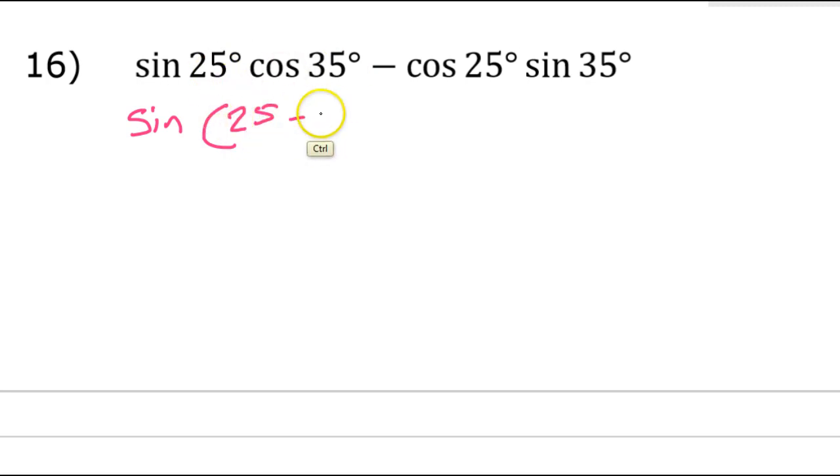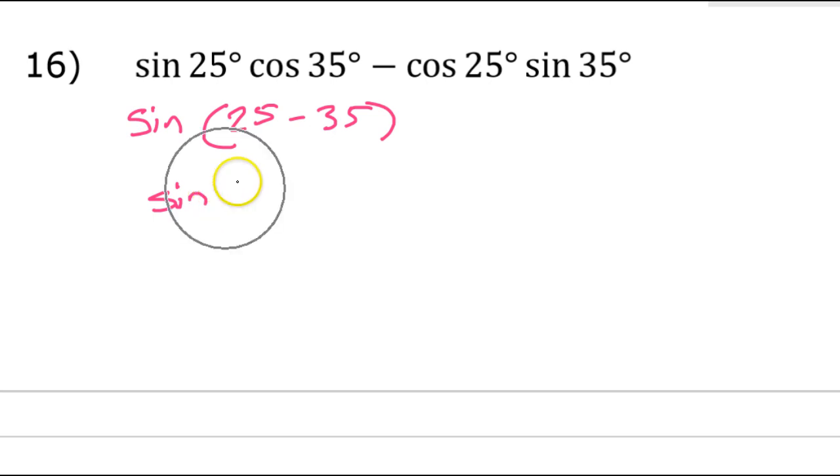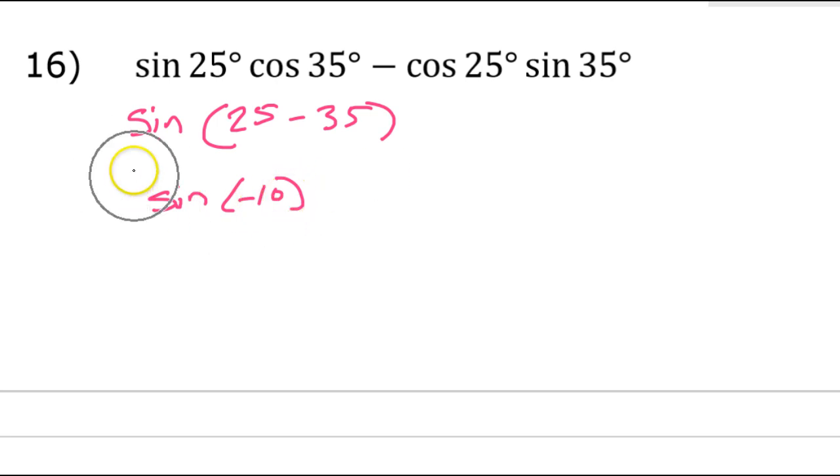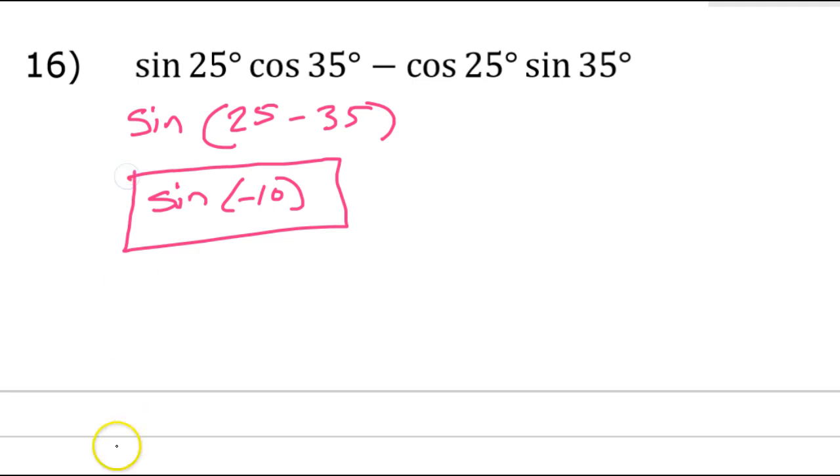So this must be the sine of 25 minus 35, because it goes sine, cosine, cosine, sine. That's how the sine formula works. That's going to make the sine of negative 10. We're just supposed to simplify, and that's as far as we can go anyway. That's the final answer.